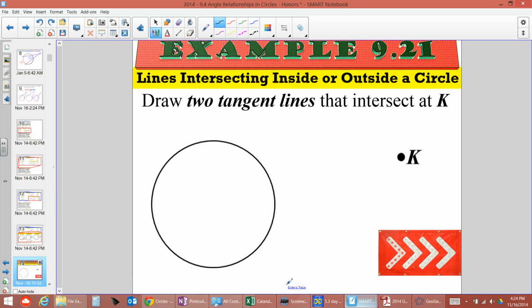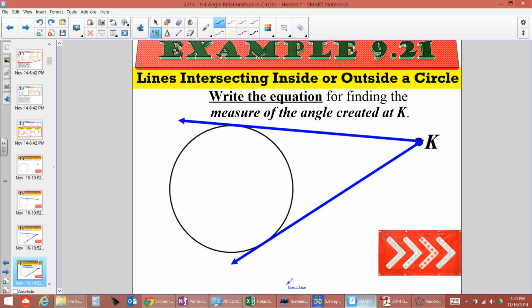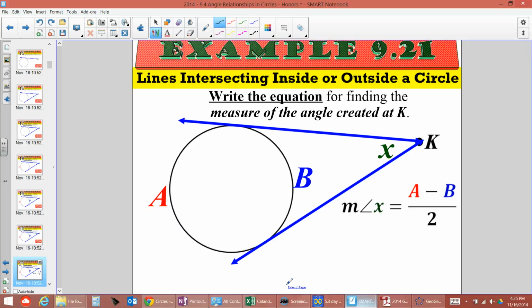So on your example 9.1 in your notes, we're going to draw two tangent lines real quick, and then we're going to label the angle and the arc. A is the big arc, B is the small arc, X is the angle, and we're going to write out the equation. Angle X equals A minus B over 2.